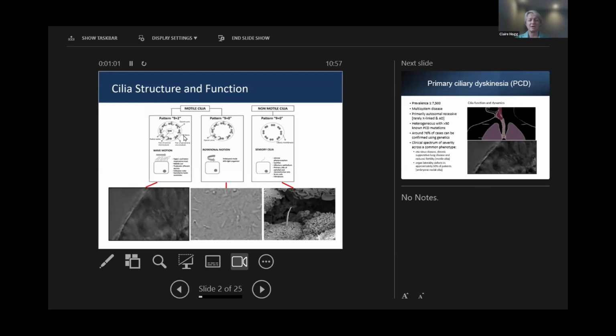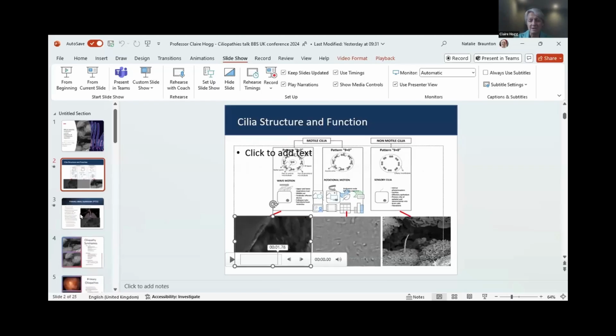So you might have your heart on the other side, but your liver in the middle. You might have absence of some of your organs, such as the spleen, and then you might have problems such as polysplenia. So all of these things are quite important for our normal development. And then on the right, you can see that's a scanning electron micrograph.